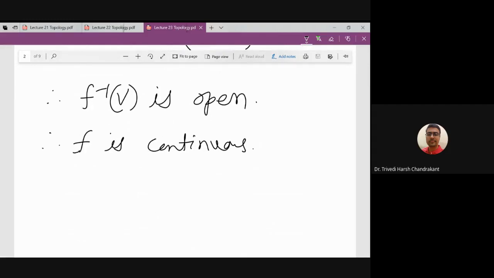So we can apply this result in proving some simple results. For example, this result which is known as the pasting lemma.